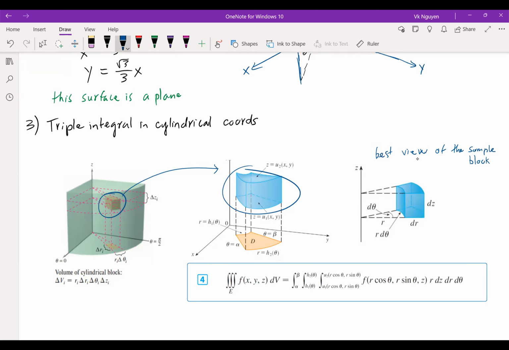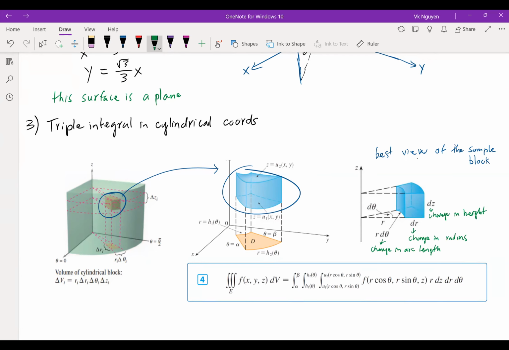So this block is just change in radius, change in arc length, and change in height. Radius and arc length give you the base area, times height gives you the volume.